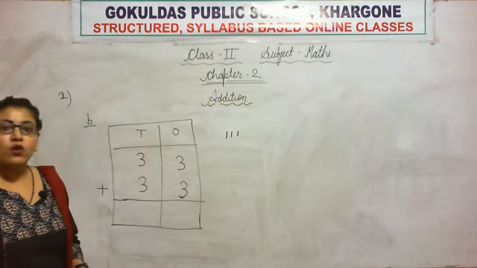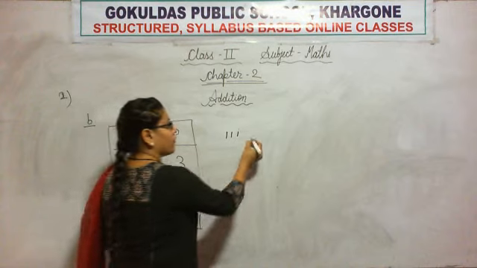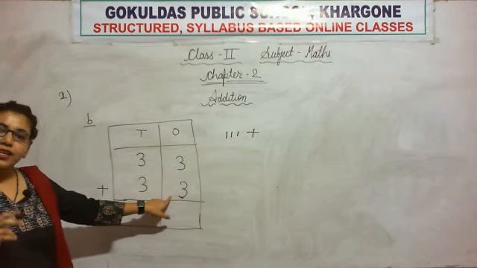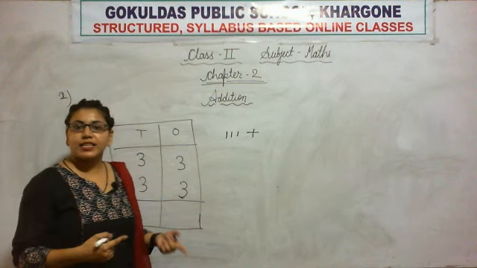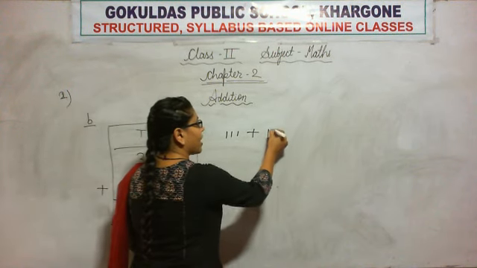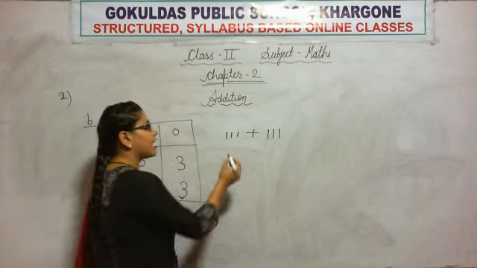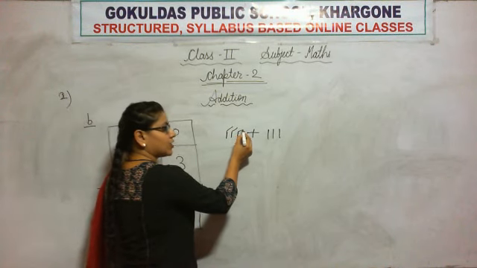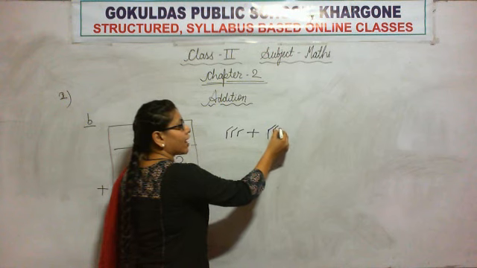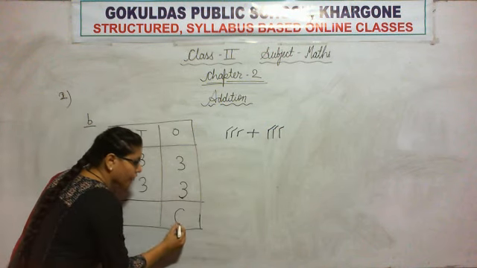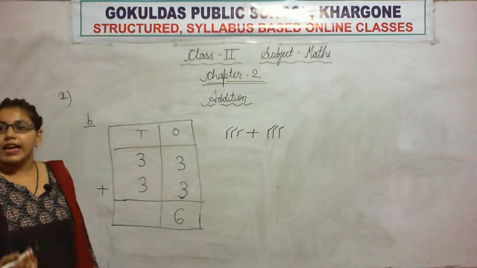Now, we are adding, so we will put a plus sign here. The next digit is also 3. How many sticks will we draw? 3: 1, 2 and 3. Now, let's count how many sticks there are: 1, 2, 3, 4, 5, 6. So 6 sticks are there. So we will write digit 6 here.